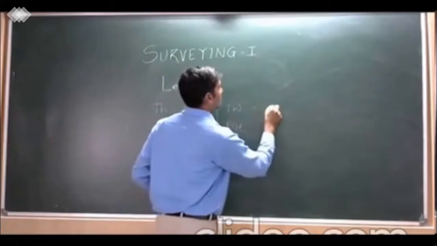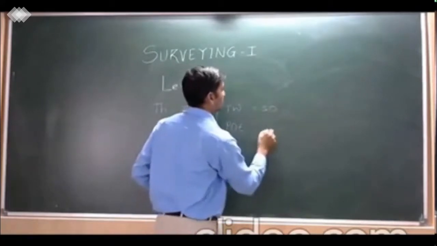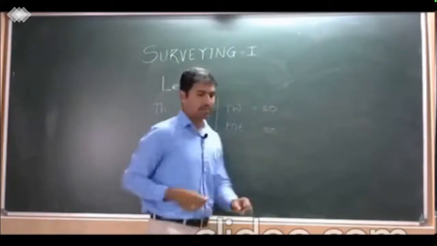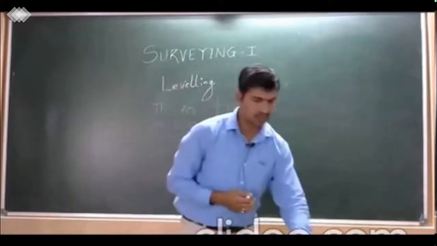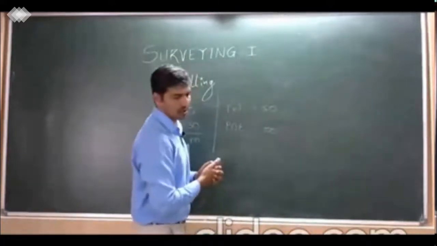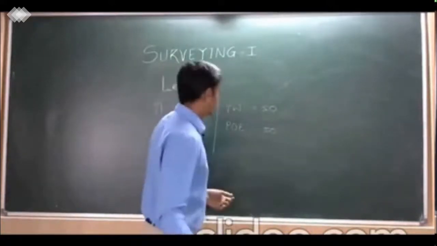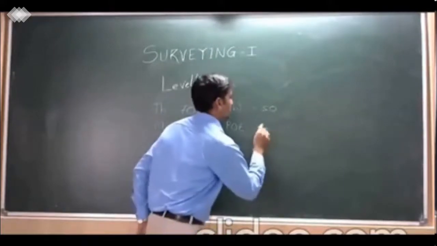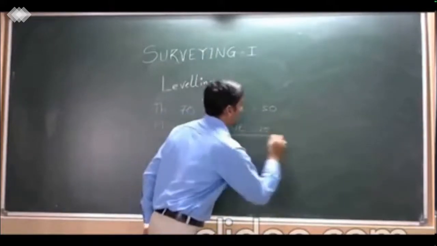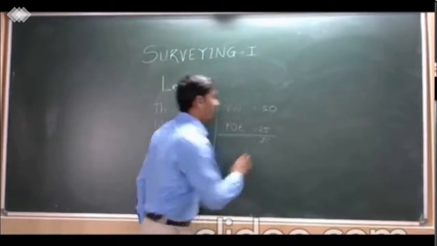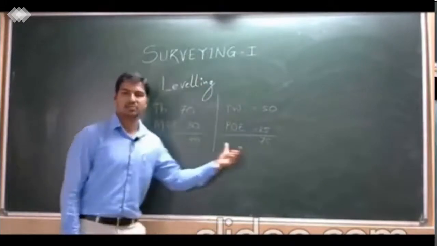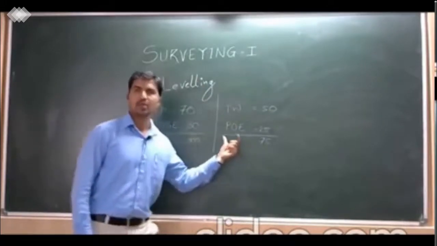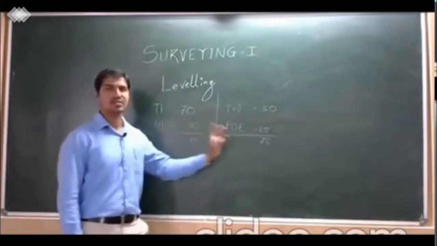Here term work is of 50 marks and POE is also of 25. So total, when we add 100 plus 75, we will get a total of 175.